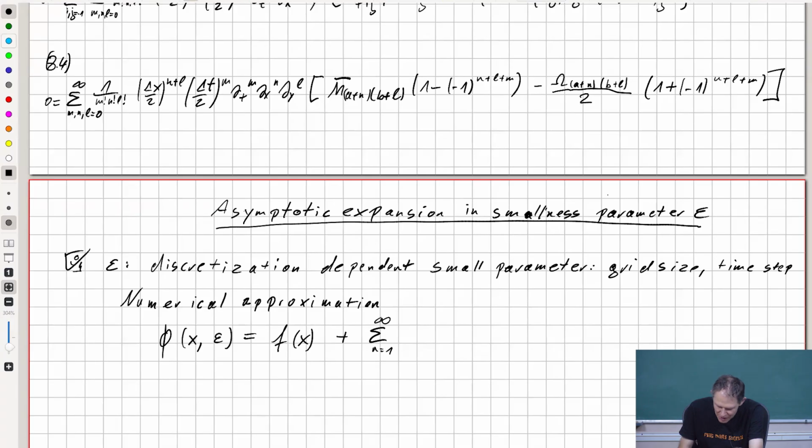If it starts from 0, then it's not a numerical method, but it's a power series in epsilon, so epsilon to the power of n times constants E_n, and this phi is the approximation of a function that we cannot calculate. So this is the true function.